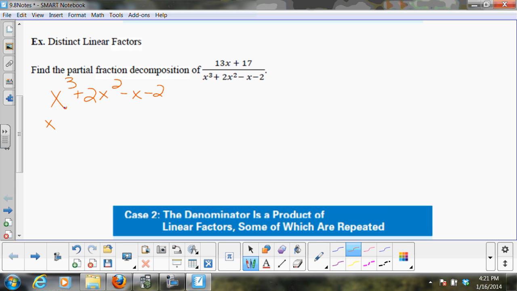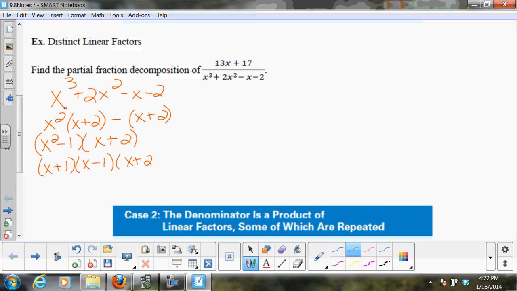I'm going to take out an x squared out of the front, the negative out of the back. So there's my 3 linear factors. The denominator actually could be rewritten like that, which is what I'm going to do.